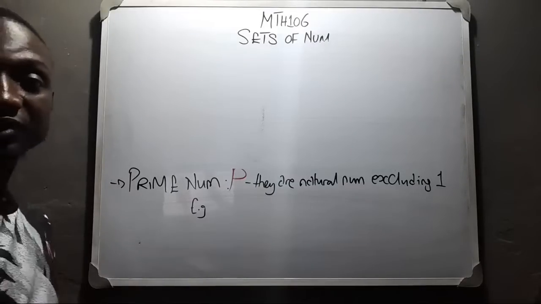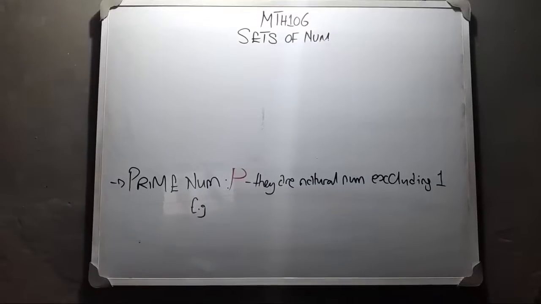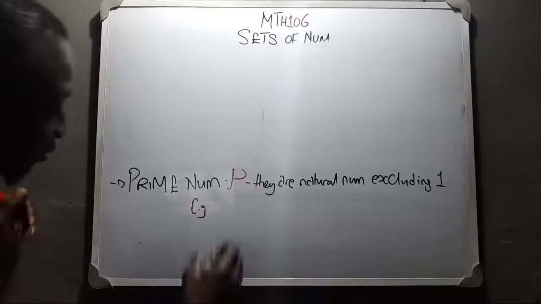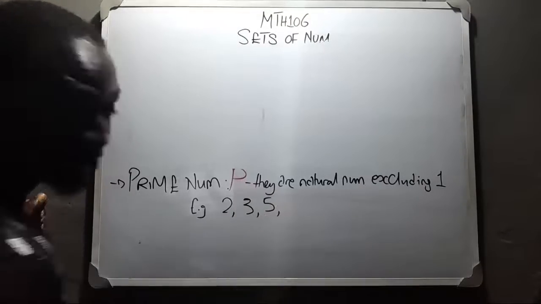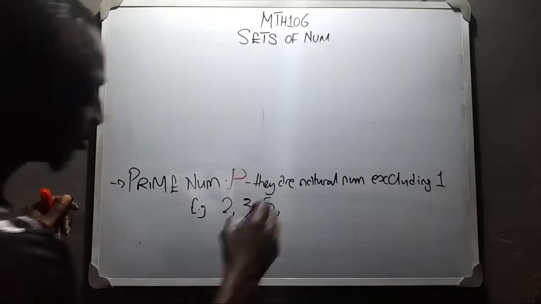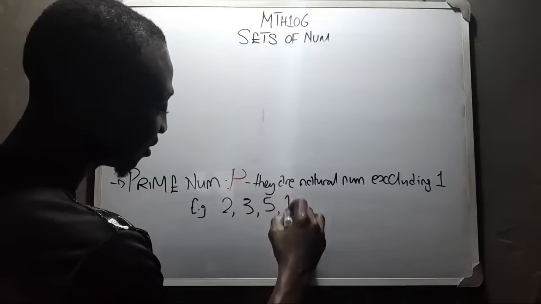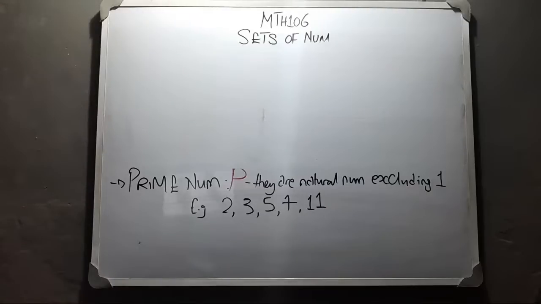Awesome. Yes, awesome. Thank you very much. We have that as that. We have prime numbers excluding 1.